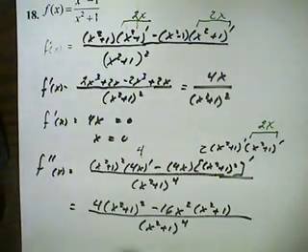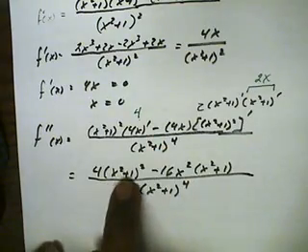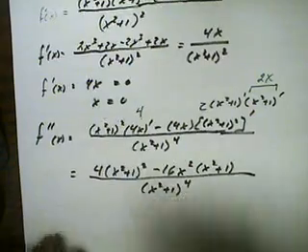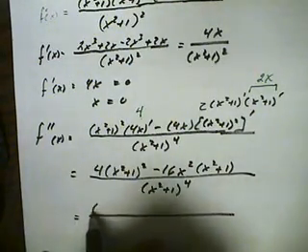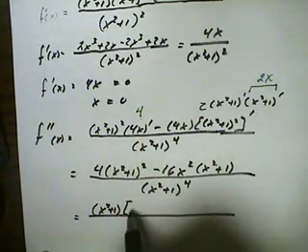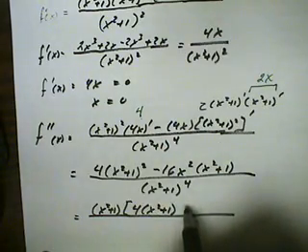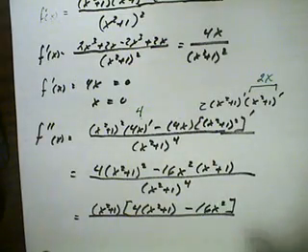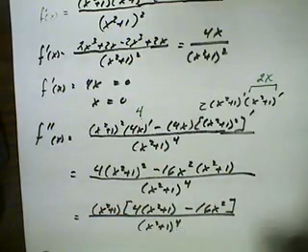Alright, that's a lot of stuff in there. I'm going to simplify this by factoring out the x squared plus 1 out of both places here, and then canceling out with the x squared plus 1 down here. So here I am taking out the x squared plus 1 out of both places, and that'll leave a bracket of 4 times x squared plus 1, and a minus 16x squared. Okay, and then down below we have x squared plus 1 all to the fourth power.